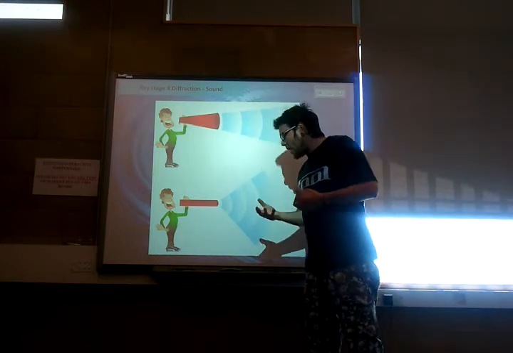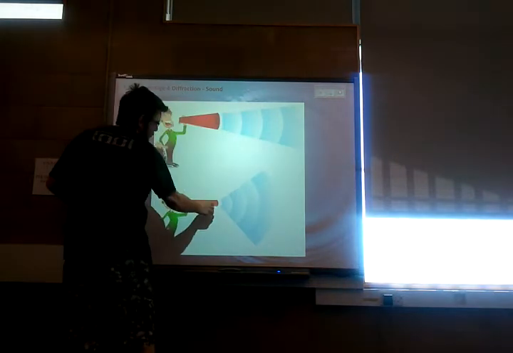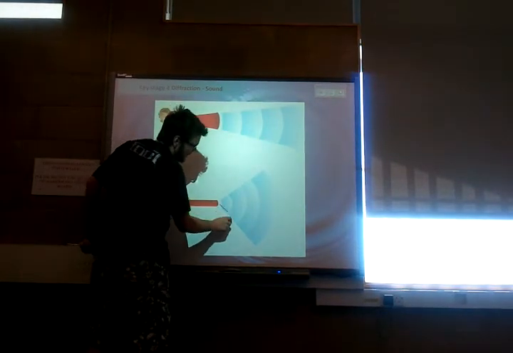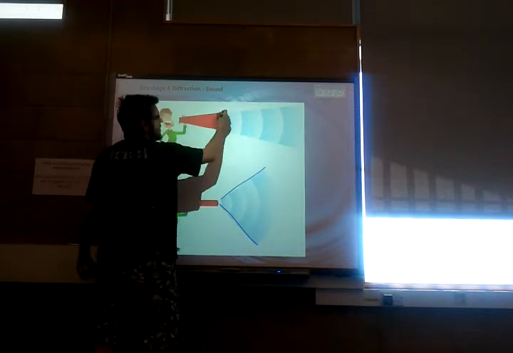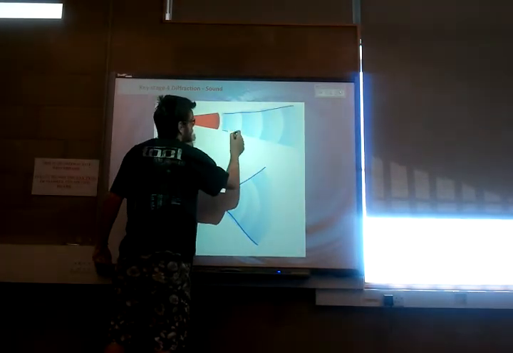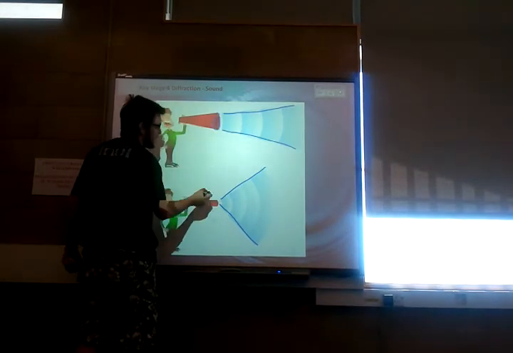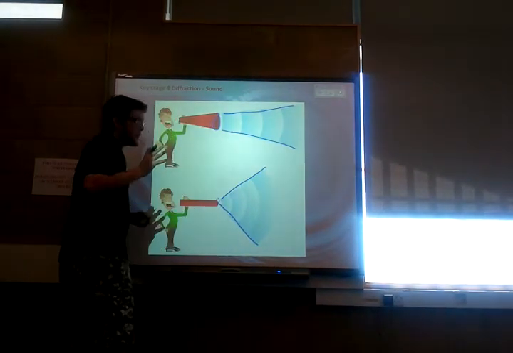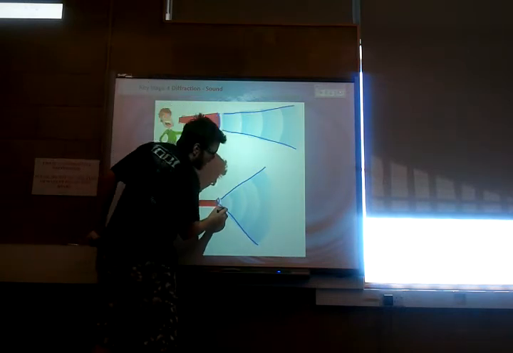The wavelength is longer, so when it goes through a smaller hole, it's spread out much further, whereas if it goes through a larger hole, the diffraction is not that great in comparison to the size of the hole that it's coming out of.